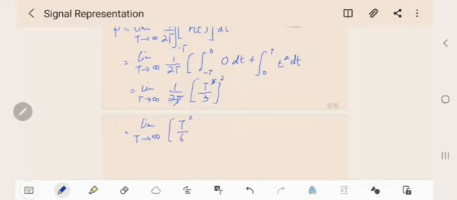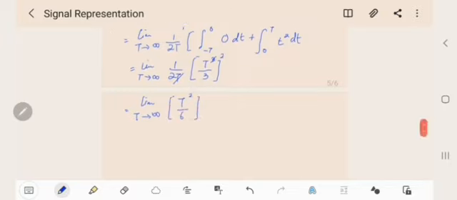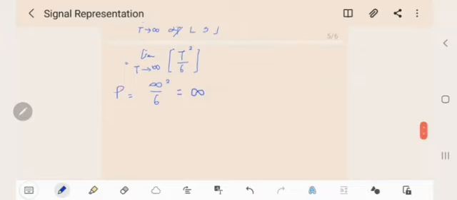Now we substitute the infinity value inside, so we have T squared divided by 6. If the maximum infinity value is divided by 6, we get infinity. So our power is equal to infinity.